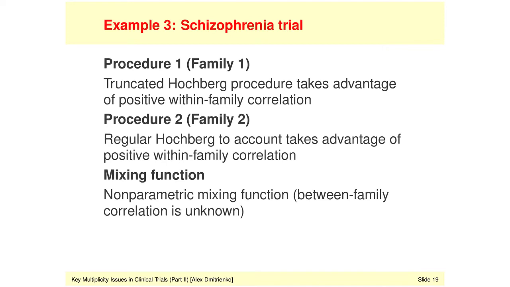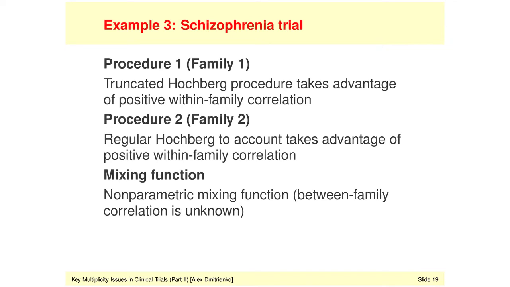But it could be potentially considered in other multiplicity problems where the joint distribution of the hypothesis test statistics is fully specified. What is important for us to remember is that the general mixture-based framework is very flexible, and it enables us to incorporate all the relevant information about the multiplicity problem at hand. That includes distributional information.